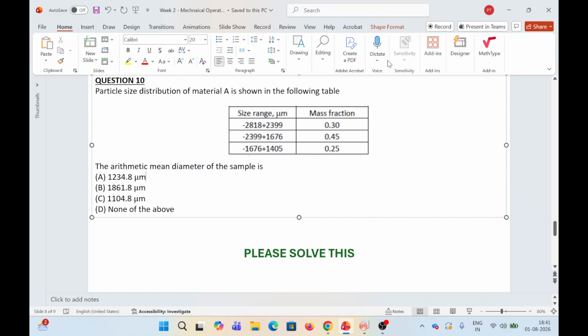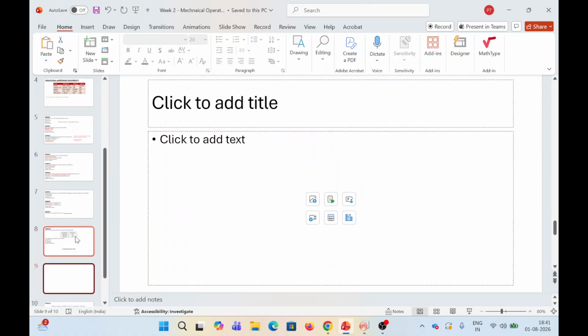So first we should calculate the average diameter for the particular size range. So let's do this problem in a separate slide.